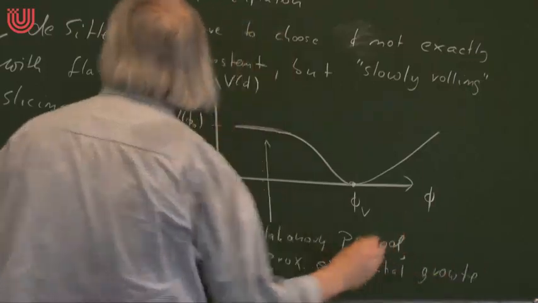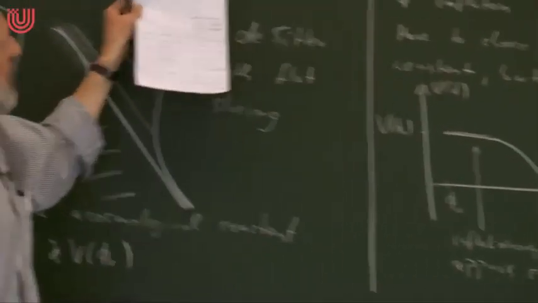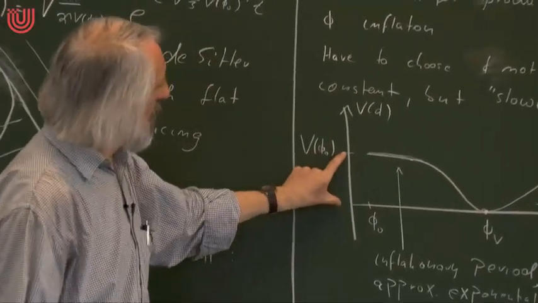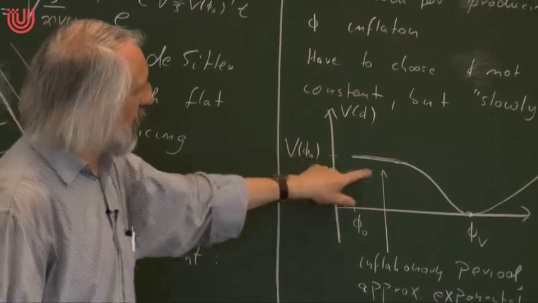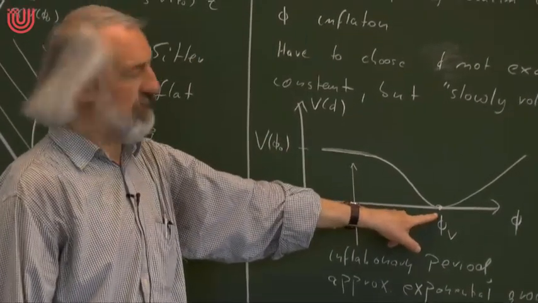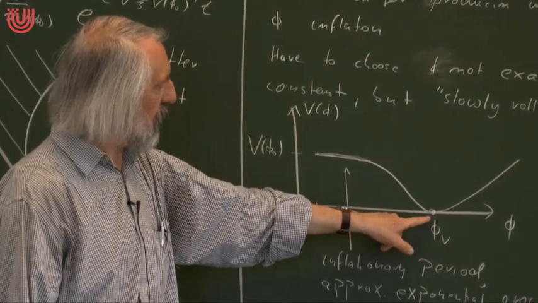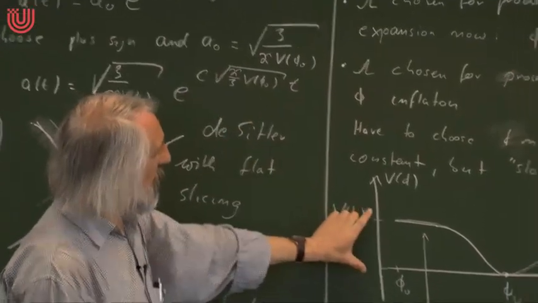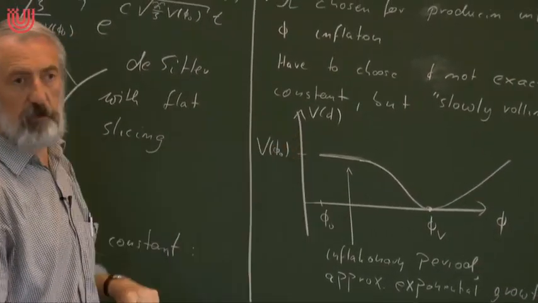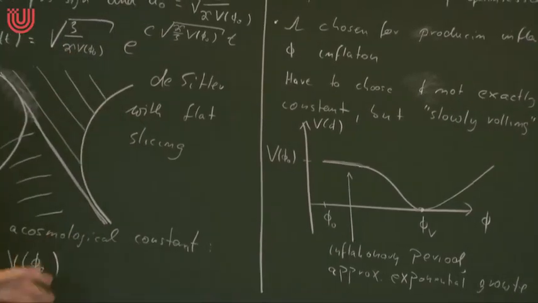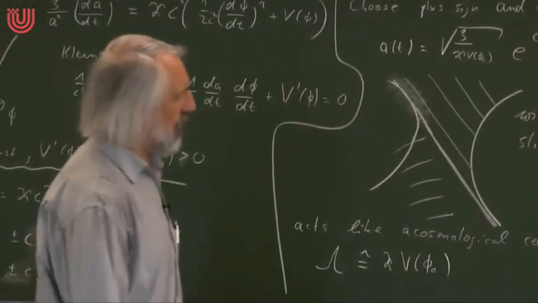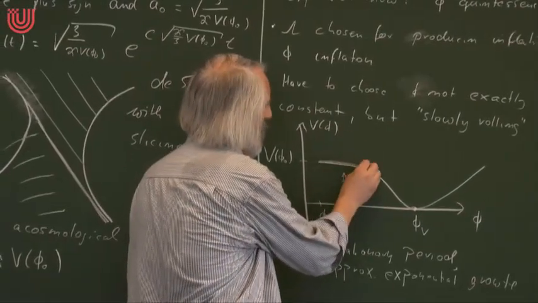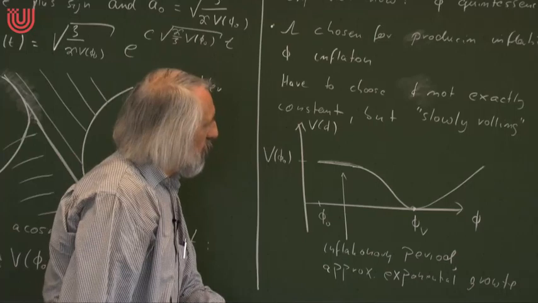And actually you can make the factor by which the exponential growth takes place arbitrarily big by making the difference of the potential here and the potential in the vacuum state, which is 0 by our convention, arbitrarily large. And actually we will discuss how big it must be in order to fit the observations.